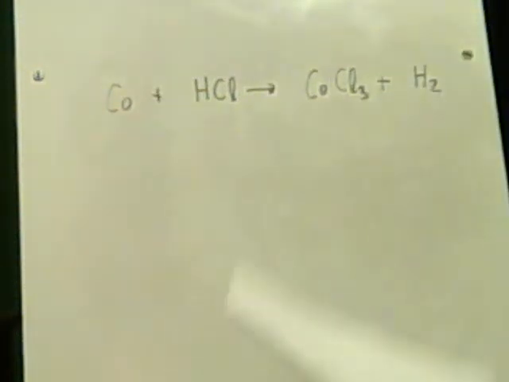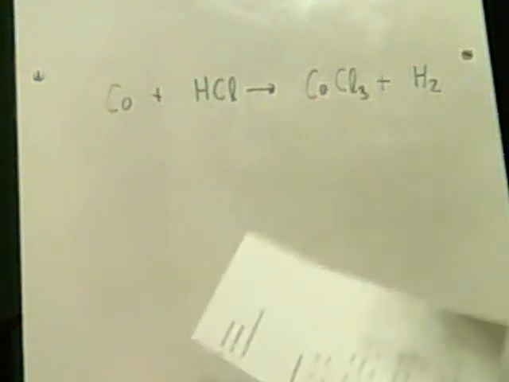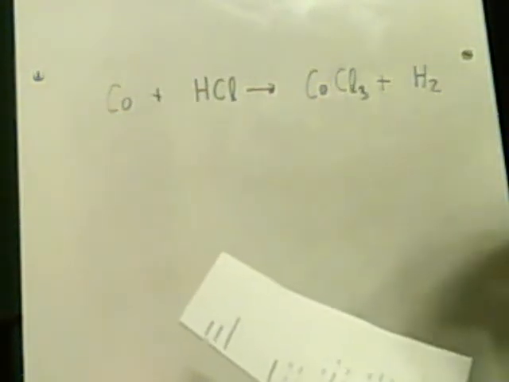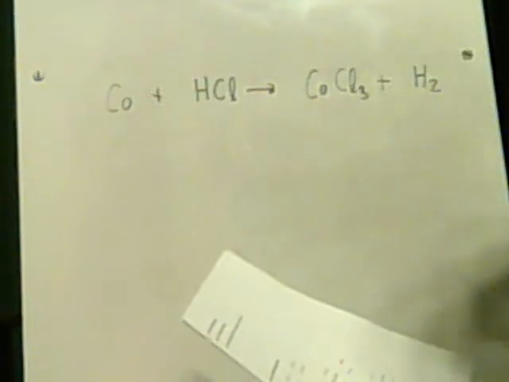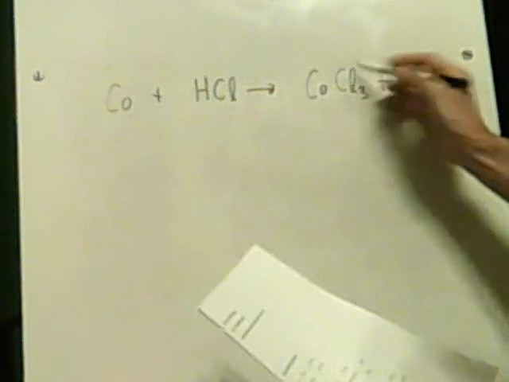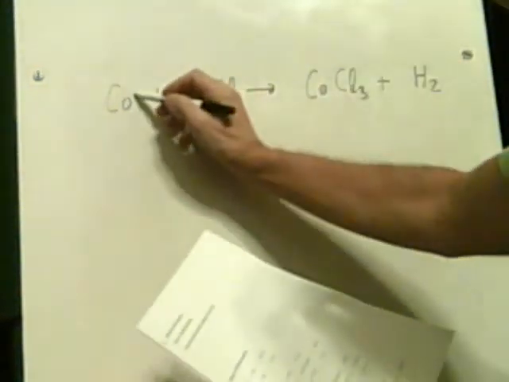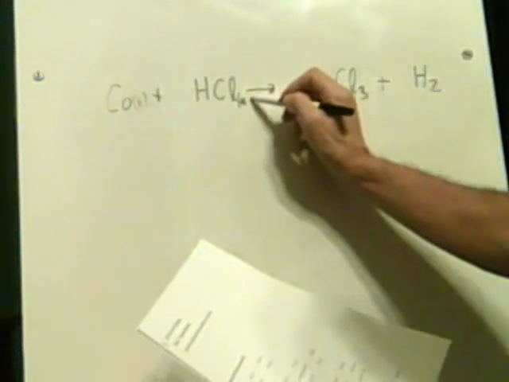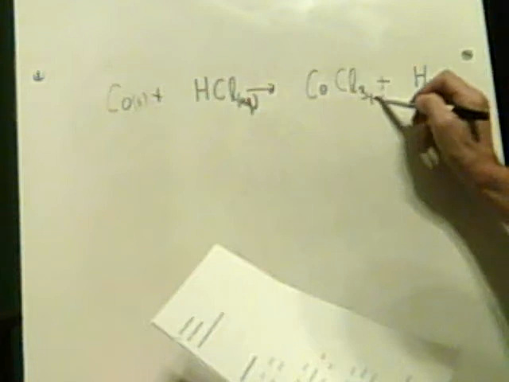Okay, this is an acid plus a metal producing a hydrogen gas. This is dissolving because this is aqueous, this is solid, aqueous, that's an acid. This is aqueous, that's a dissolved form, and this is the gas.